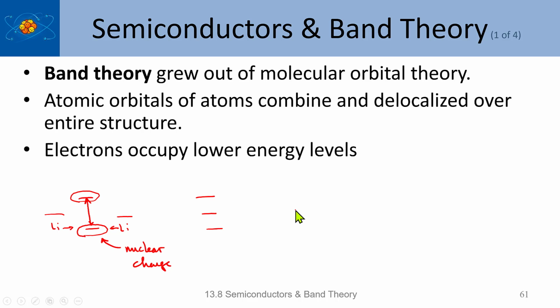So if you add extra atoms into the mix, then what you end up with is something that looks like this. And the high level and the low level are all determined by the stabilities of the orbitals.